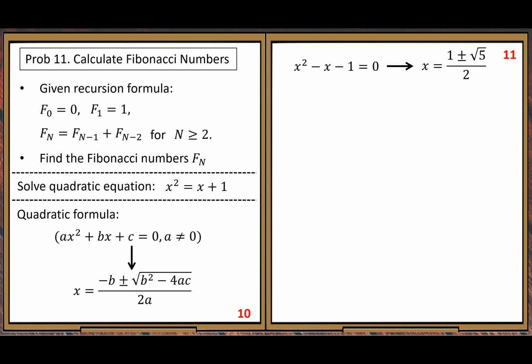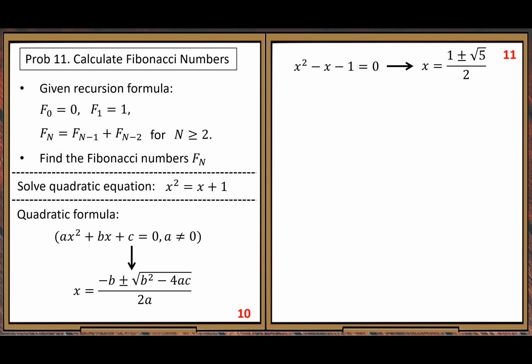After we plug in, we get X equals two possible numbers: 1 plus root 5 over 2, or 1 minus root 5 over 2. But our golden ratio, remember, is a ratio of two line segments.